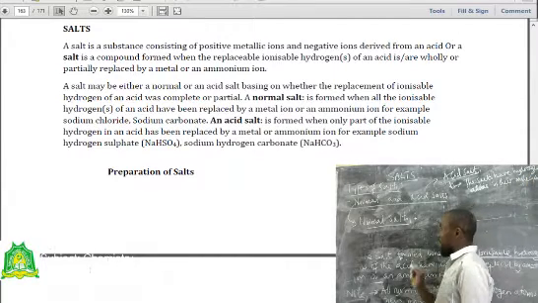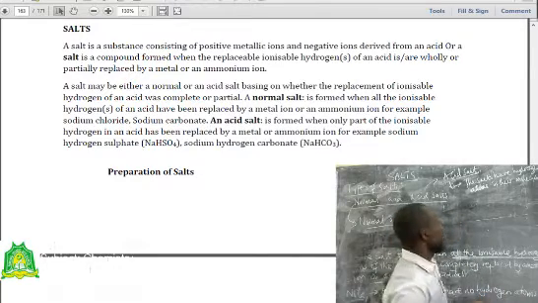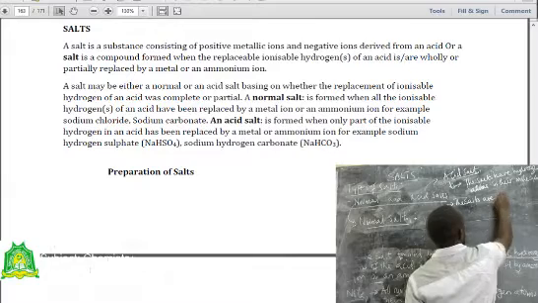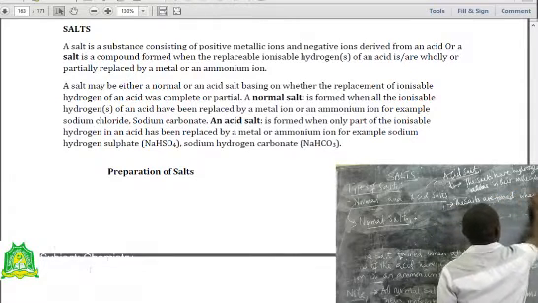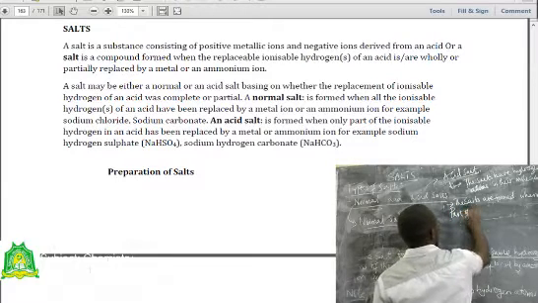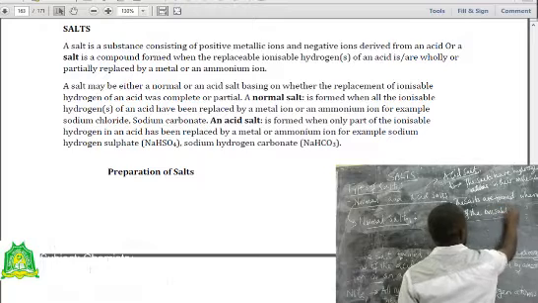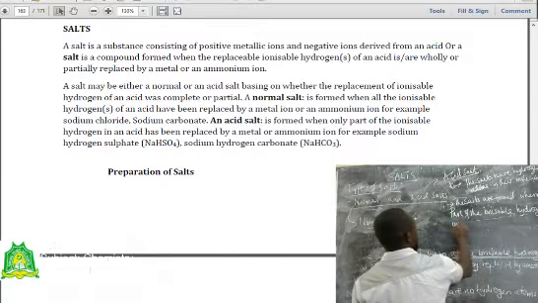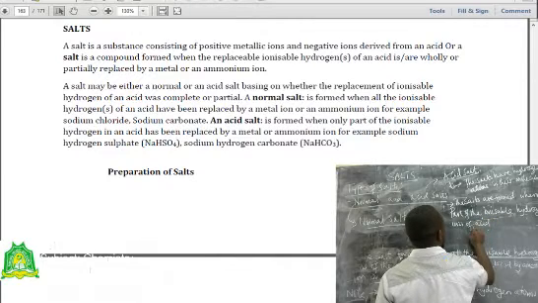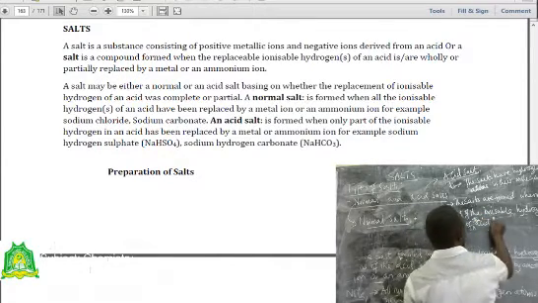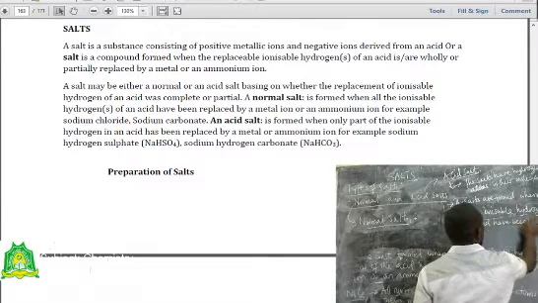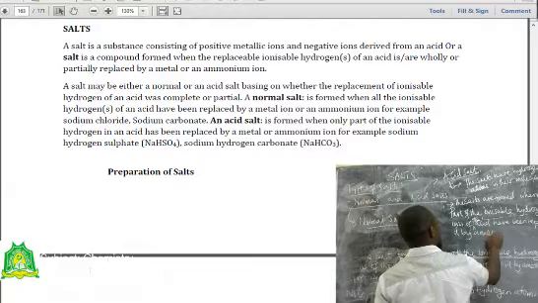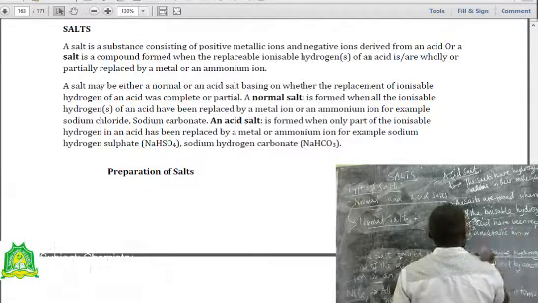And why do they have hydrogen atoms in their molecules? It is because these salts are formed when part of the ionizable hydrogen ions of the acid have been replaced by a metallic ion or ammonium radical.